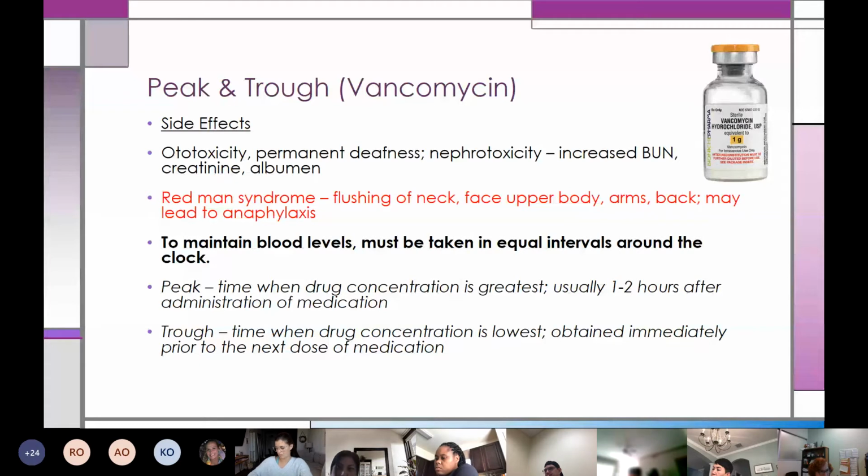So that's the peak. The trough is where the drug concentration is the lowest. In other words, you can think of a watering trough. It kind of dips down, so you can see that on a graph. And so generally we will do a trough immediately before the next dose of medication. Peak and troughs are tested a lot. So the example here, of course, is your vancomycin. All right.